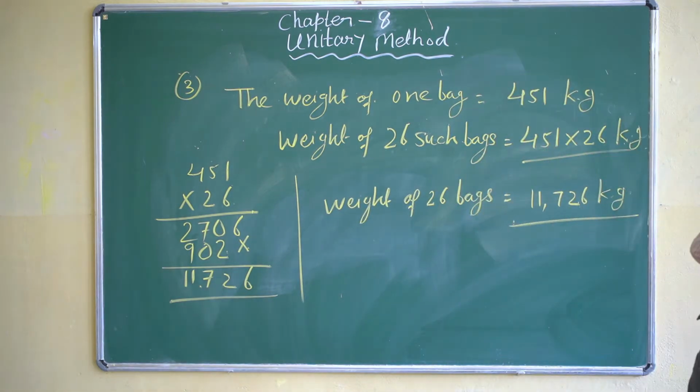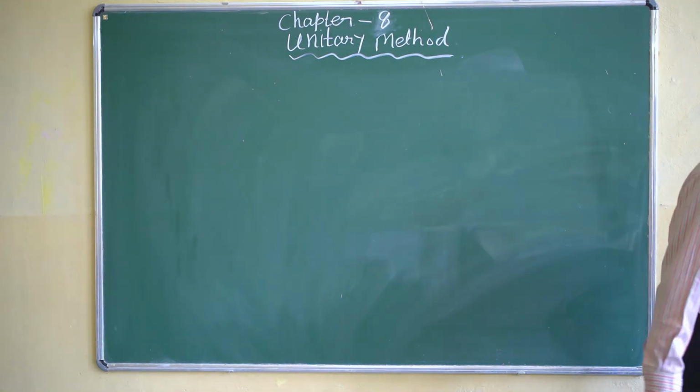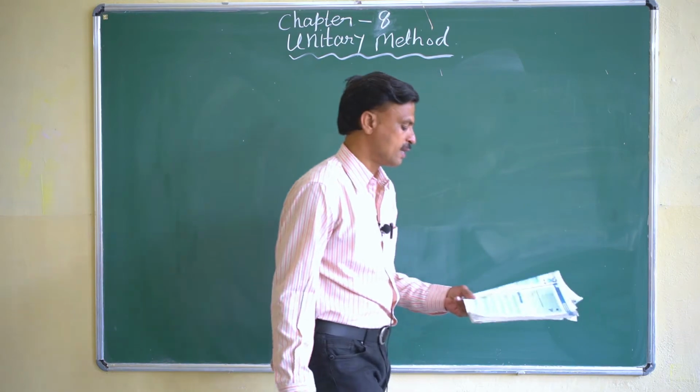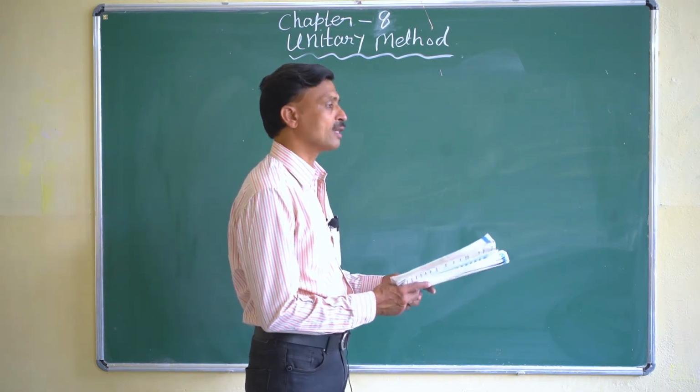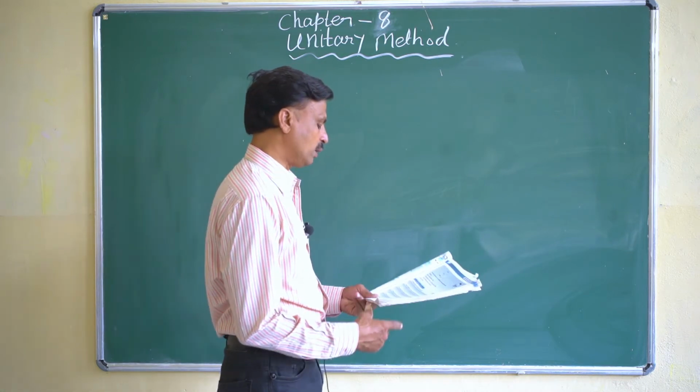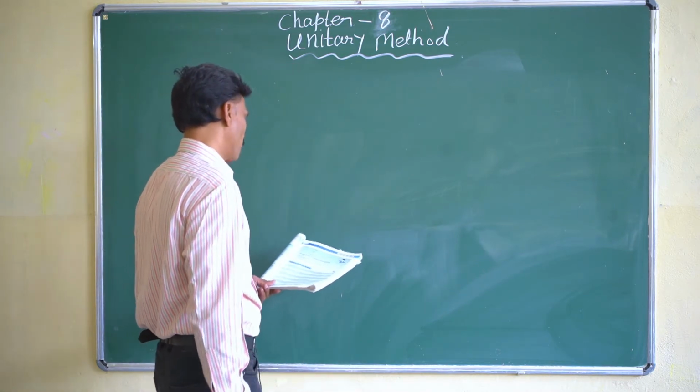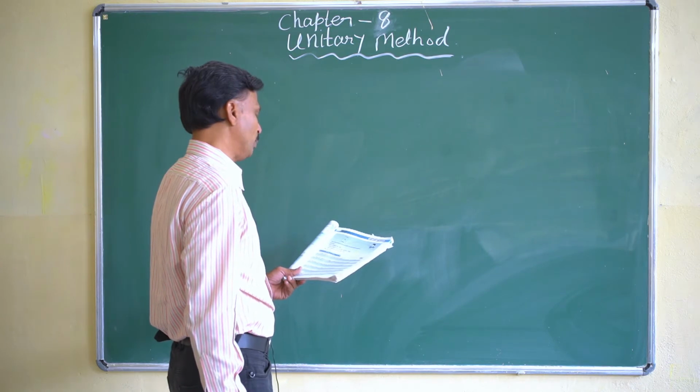More questions I am taking. Okay, I am reading the question. The question is, if the cost of 24 meters of cloth is rupees 1116, find the cost of 72 meters of cloth.